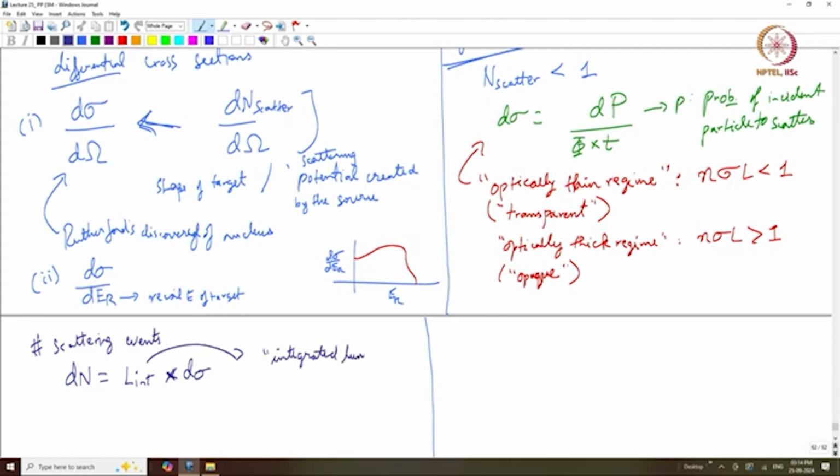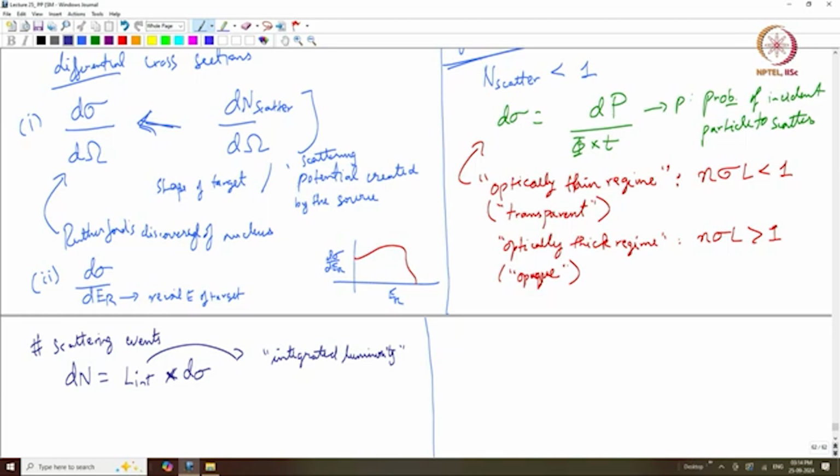You might have heard of this phrase in the context of colliders. If you open any popular science news article on the Large Hadron Collider or other colliders, you will see this phrase.